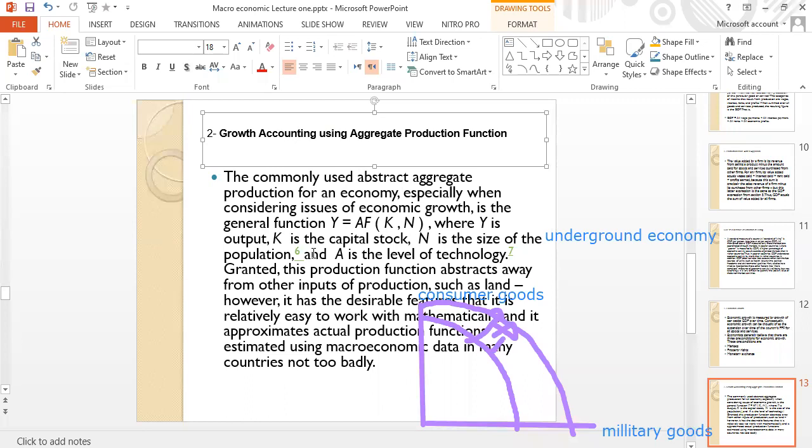The production function abstracts away from other inputs of production such as land. However, it has a desirable feature: it's relatively easy to work with mathematically, and it approximates the actual production function, estimated using macroeconomic data, in many countries not too badly.